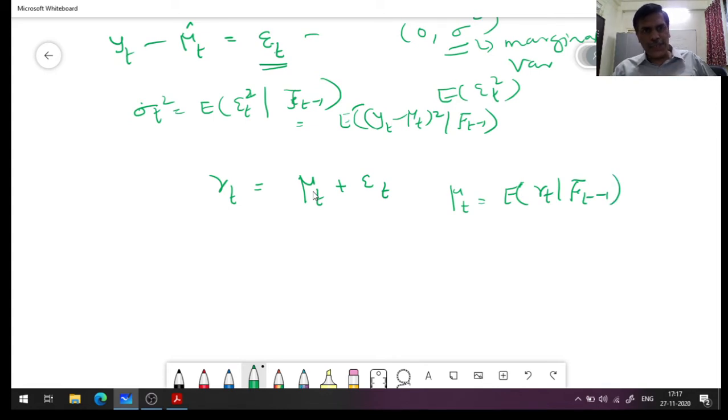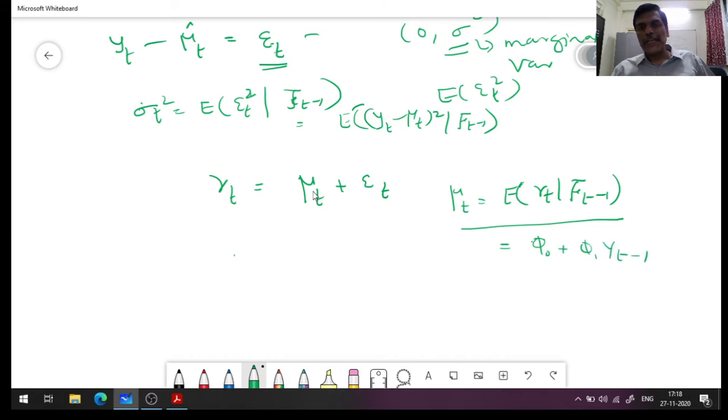I've just changed the notation from y_t to r_t. Then I need to estimate them and model this with an appropriate model. For example, one model could be something like phi_0 plus phi_1 y_{t-1}. This is an AR(1) model.